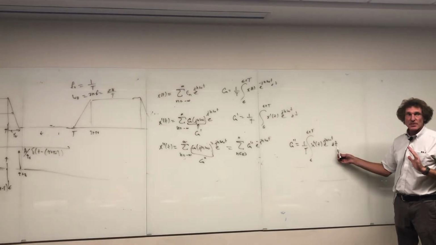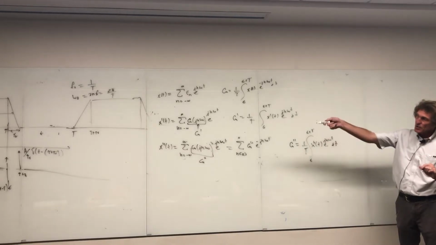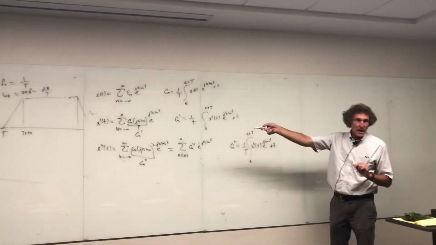Anyway, now what I'm going to do is put x double prime of t in terms of the delta functions.